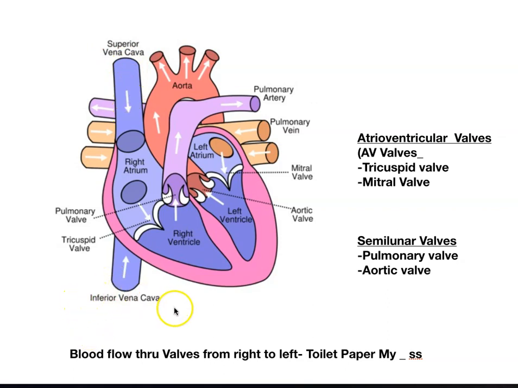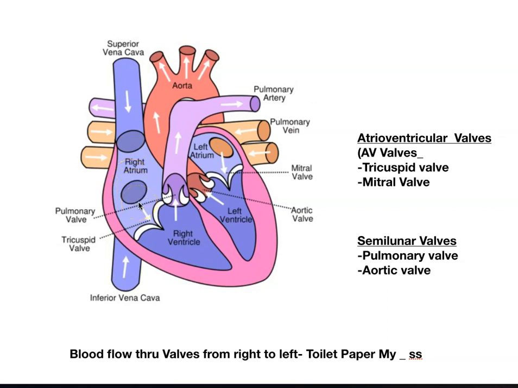Everything below the diaphragm, like all the abdominal organs, all the tissues below the diaphragm, legs, all that used up blood is going to the right atrium from the inferior vena cava. Hopefully that made sense. So we're getting all the deoxygenated blood from your body dumped into the right atrium.